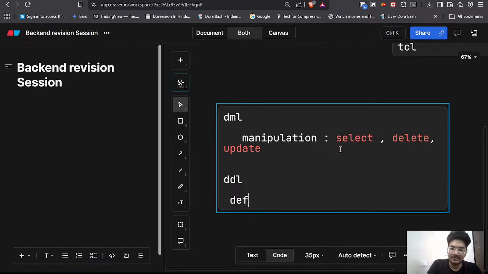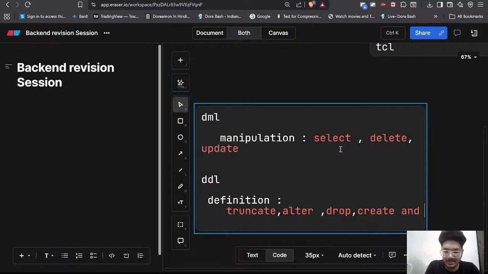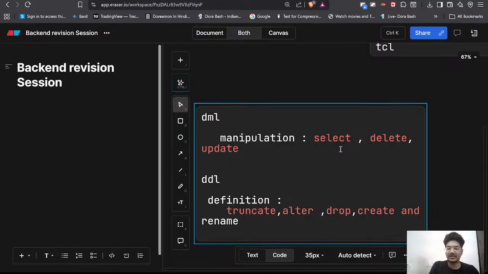The definition portion will be done by the data definition language: create, truncate, alter, drop, and rename. These are data definition language.